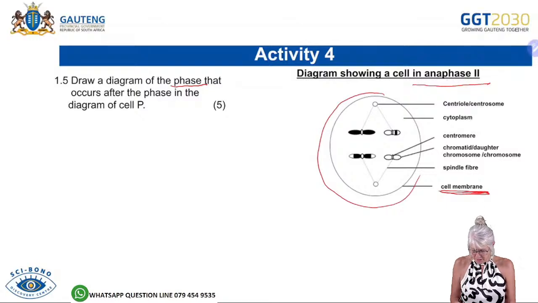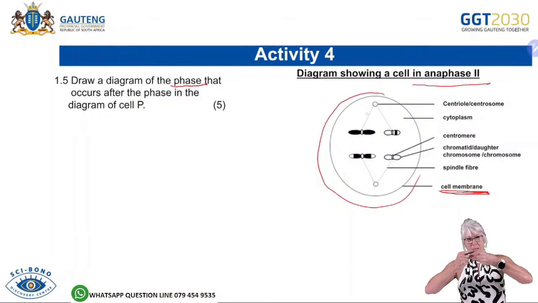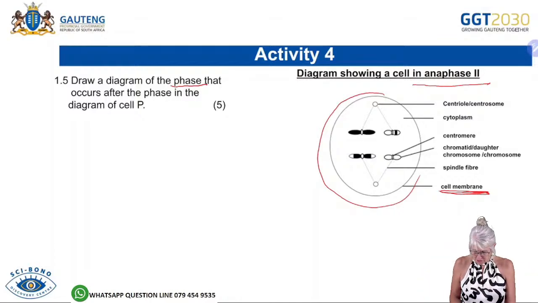Okay, so if we have a look at this diagram, we can see the poles or the centrioles, the spindle fibers. The centromeres have split, and the chromatids are now being pulled apart. So they're actually moving away. All right. Now, the way in which we normally mark diagrams and graphs is we use a rubric.